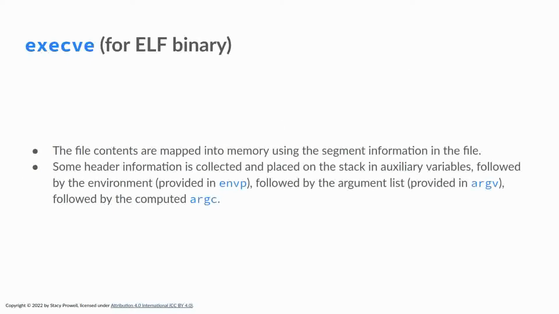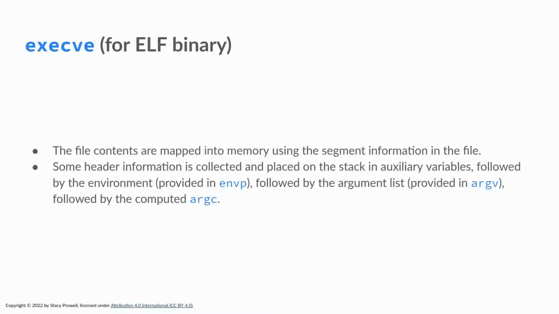So now you've got an ELF binary, and the file contents get mapped into memory using the segmentation information in the file. Where they go depends on a couple of things. There's a standard place to map executables into memory, and we probably won't talk about why it's there this time, but we will when we talk about memory.